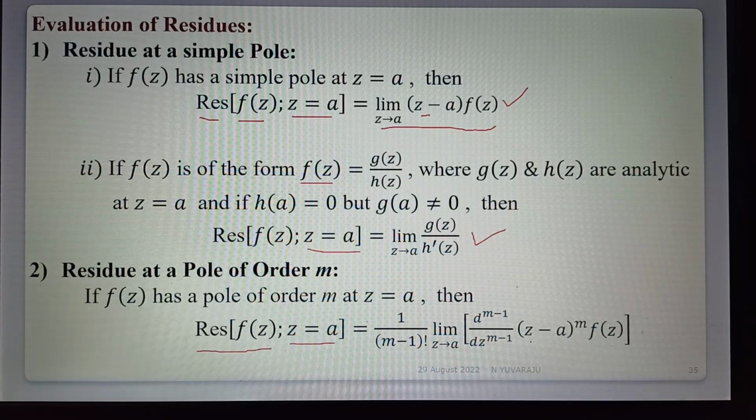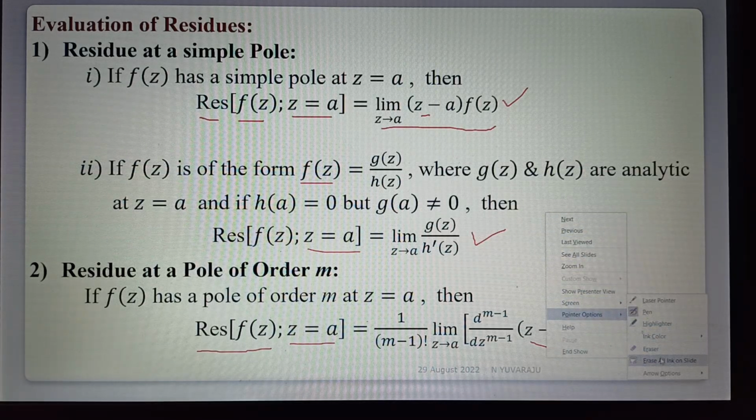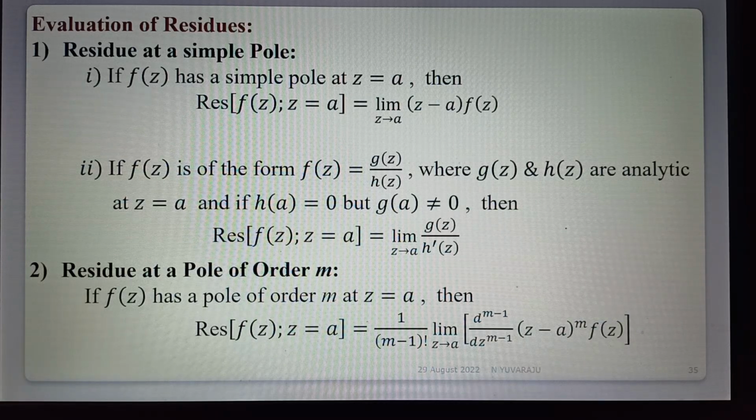That means the function (z minus a)^m times f(z) is differentiated m minus 1 times, and after that we find the limit value. So this is the residue of the given function at a pole of order m. This is the procedure for finding the residue of the given function.